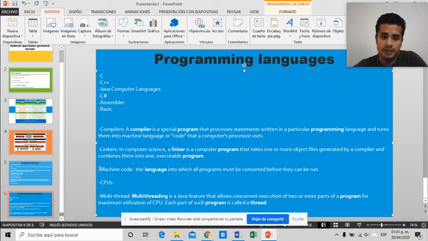Basically, that's your linker. The machine code is the language into which all programs must be converted before they can be run. Now, here, run, remember, is not the verb like a sport, an athlete. It's not like running, like you go to the street and you run. No, this means before they can be executed.